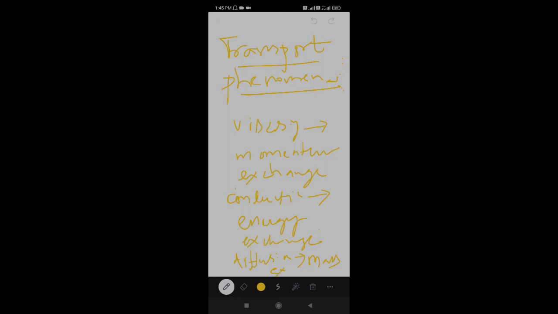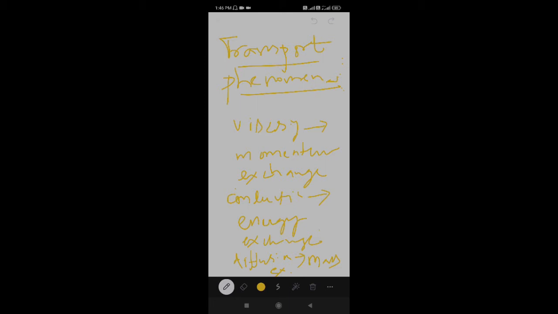Due to momentum transport in a gas, the gas exhibits viscosity. Due to energy transport inside the gas, it exhibits conduction. Due to mass transport from one part of the gas to another, that means shifting of the molecules, diffusion occurs.